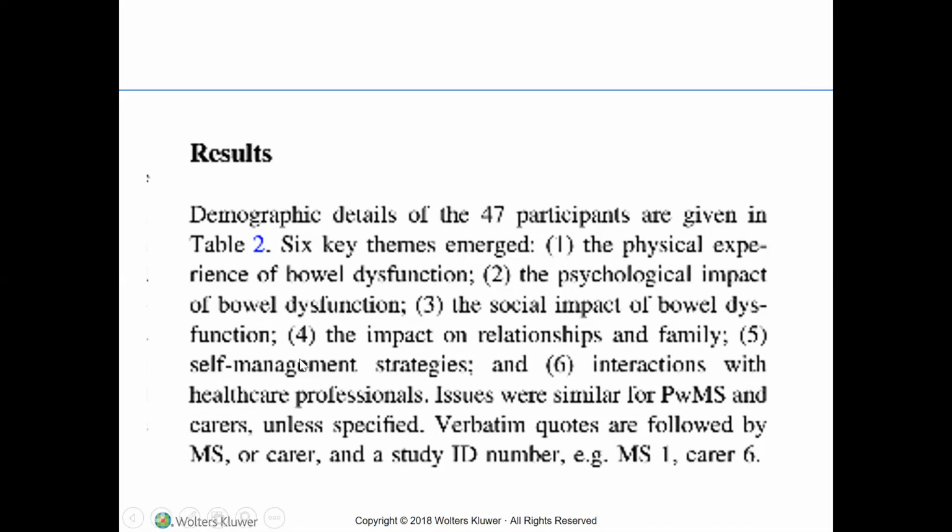Without collecting any data, you might think of these themes, like, okay, well, it probably has a physical, a psychological, and a social impact on family. You could come up with these on your own without going through this process. But they are clearly connecting the data they collected to each of these areas. And that's what makes it research.